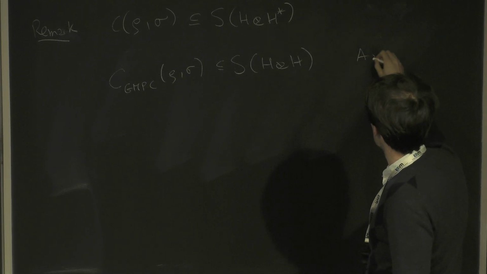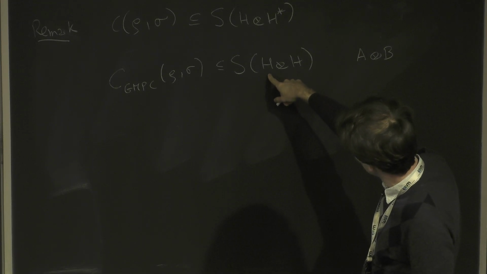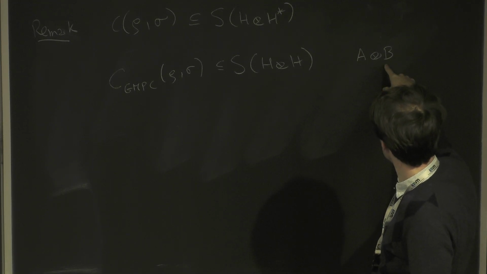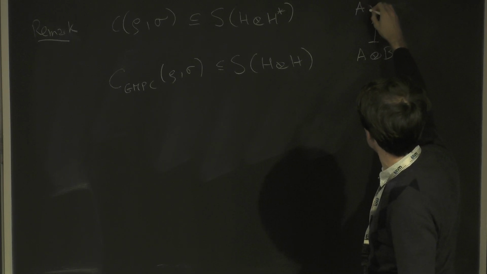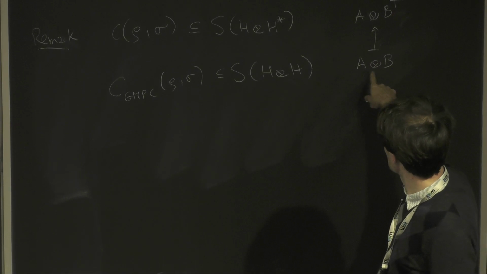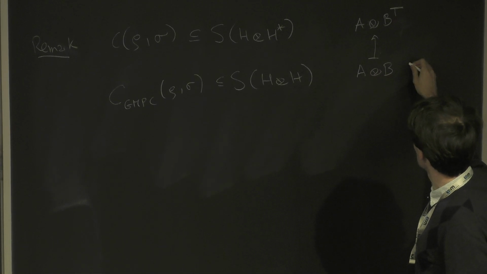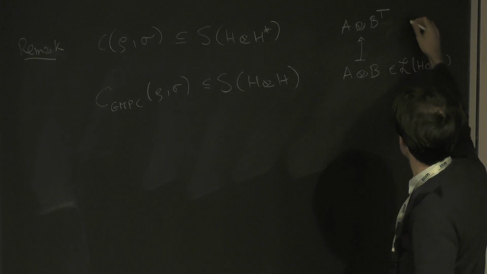So if you have an elementary tensor product between an operator on H and an operator on H, you can map it by taking the transpose only on one factor. Okay, so at least in terms of linear operators, you have a correspondence.